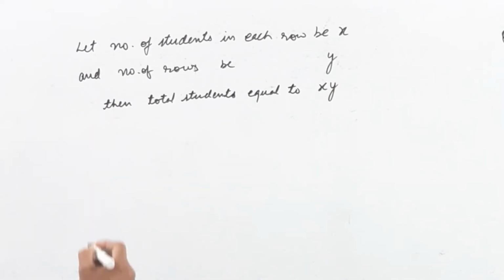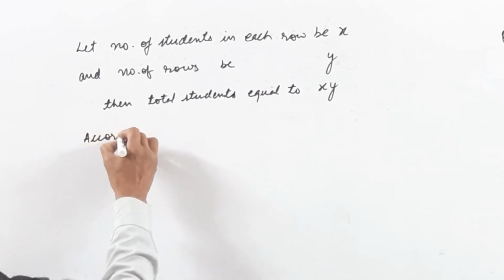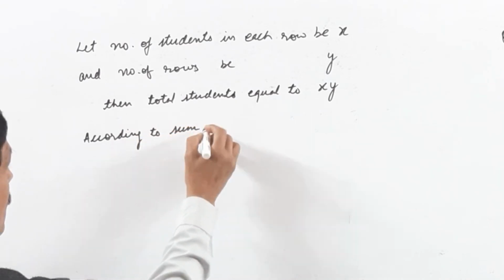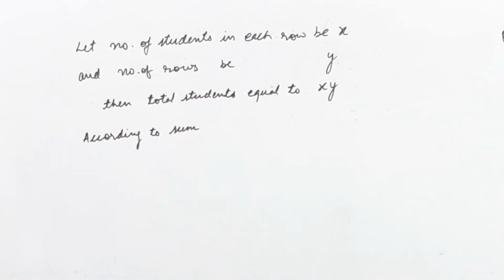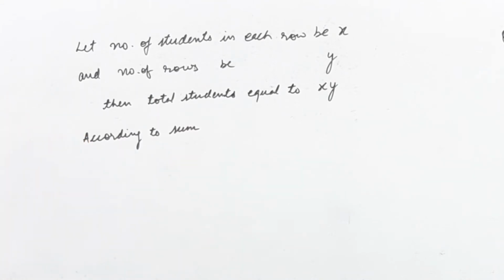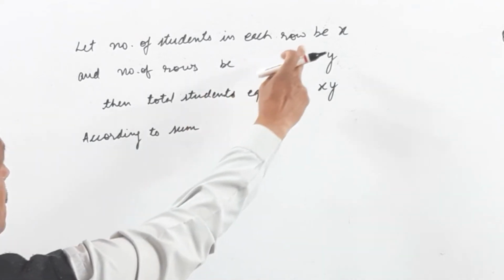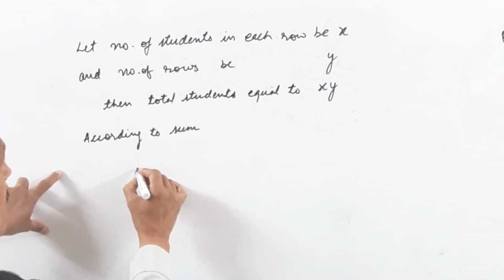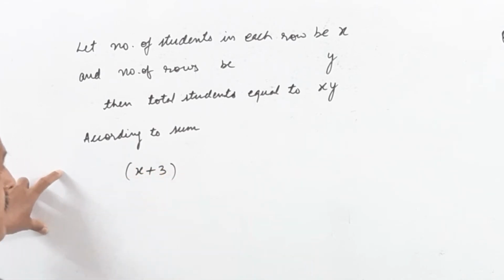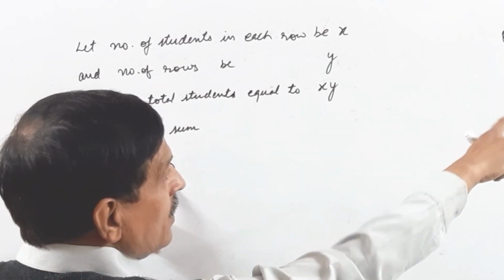According to question, if 3 students are extra in a row, there would be 1 row less. 3 students are extra in a row means in each row x plus 3 students, then there will be 1 row less.